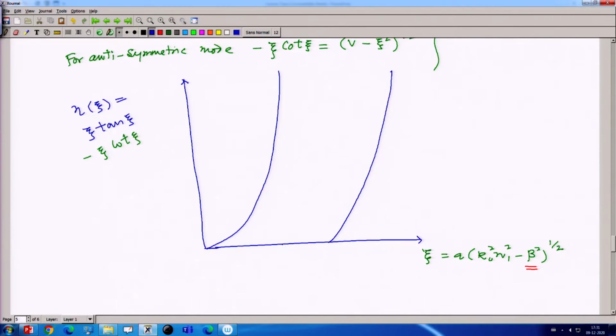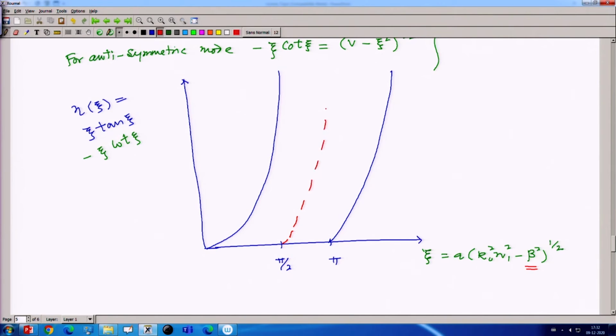An antisymmetric one is also there. This value is say at pi by 2, and this value should be at pi. The antisymmetric one I draw with a red dotted curve.